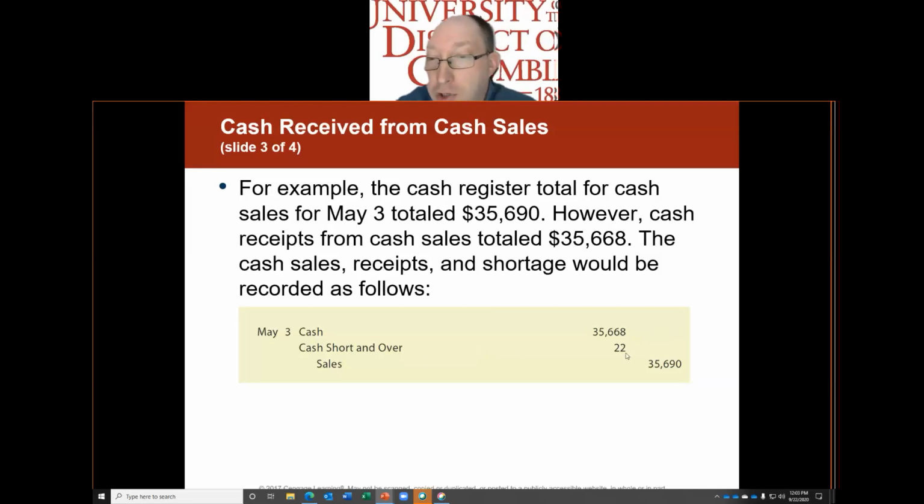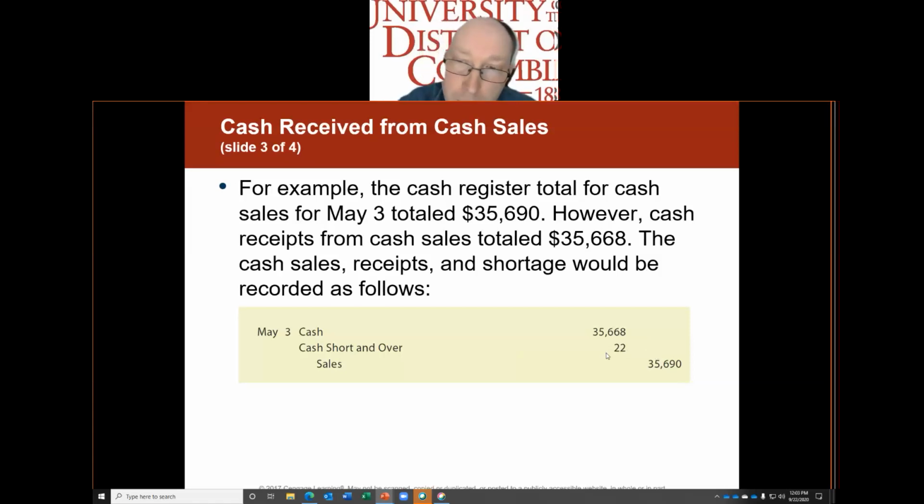If I'm short cash, I debit the cash short and over. I debit when I'm short cash. I credit that same account if I'm over. I debit cash short and over if I'm under, and I credit cash short and over if I'm over.